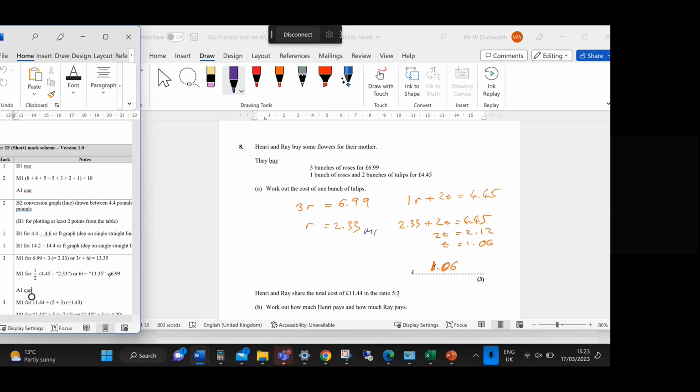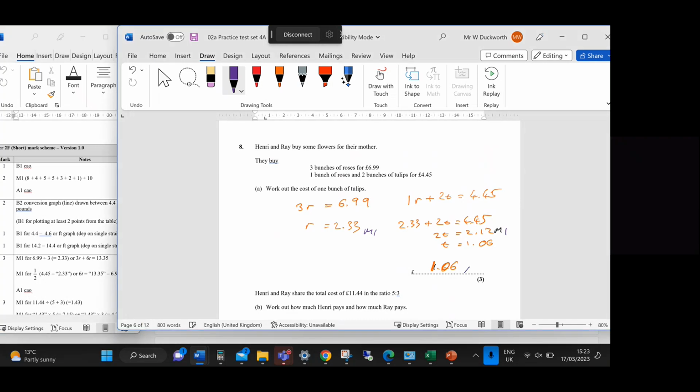Second M1 for, second M1 would be picked up kind of here, and then A1 for the £1.06.